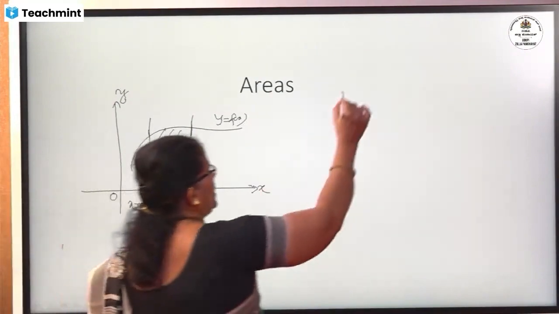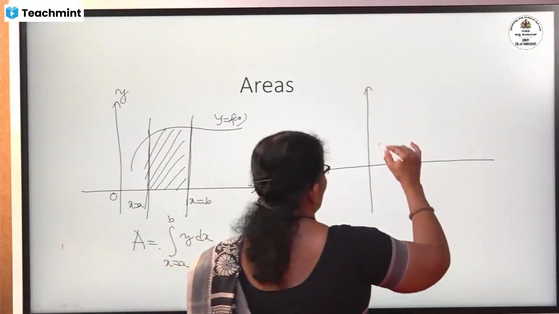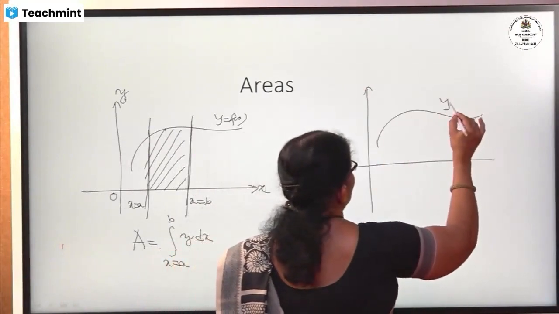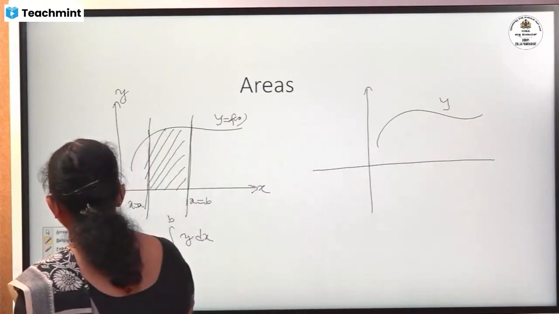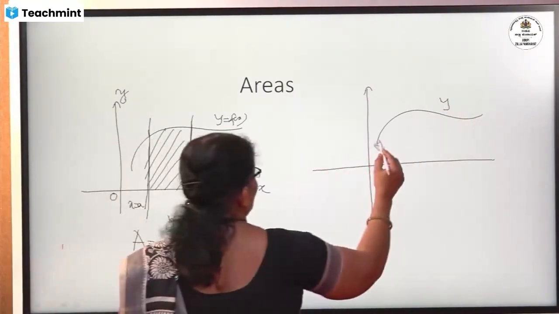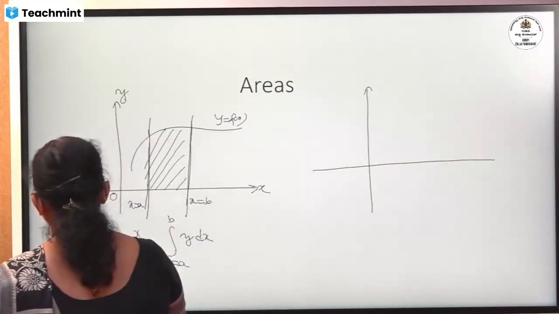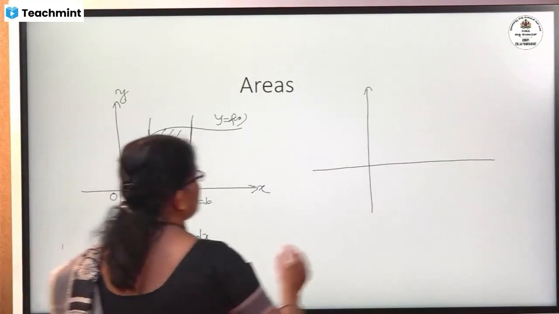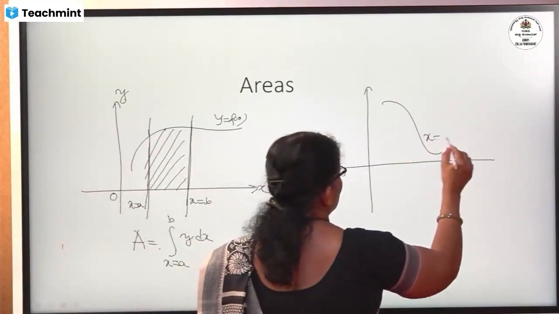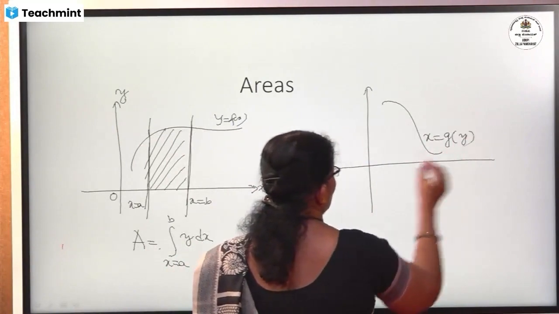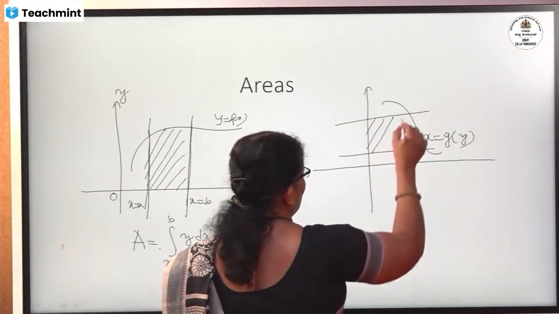If the area is bounded by, suppose say the function is something like this. This is x is equal to g of y and you would like to find out what this area is.